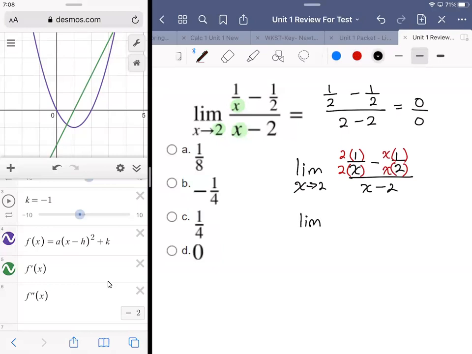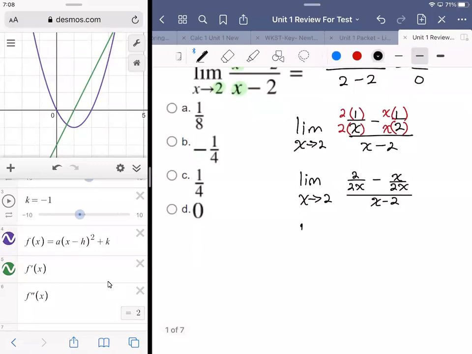So the limit as x approaches 2 of 2 over 2x minus x over 2x over x minus 2, which gives the limit as x approaches 2 of 2 minus x over 2x over x minus 2, which I'm now actually going to write over a 1.